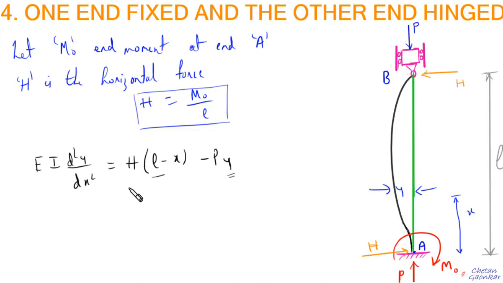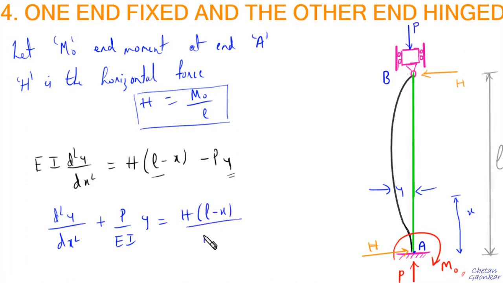If I divide throughout by EI and bring py on the left hand side, I get d square y by dx square plus p divided by EI times y equal to H times L minus x divided by EI.